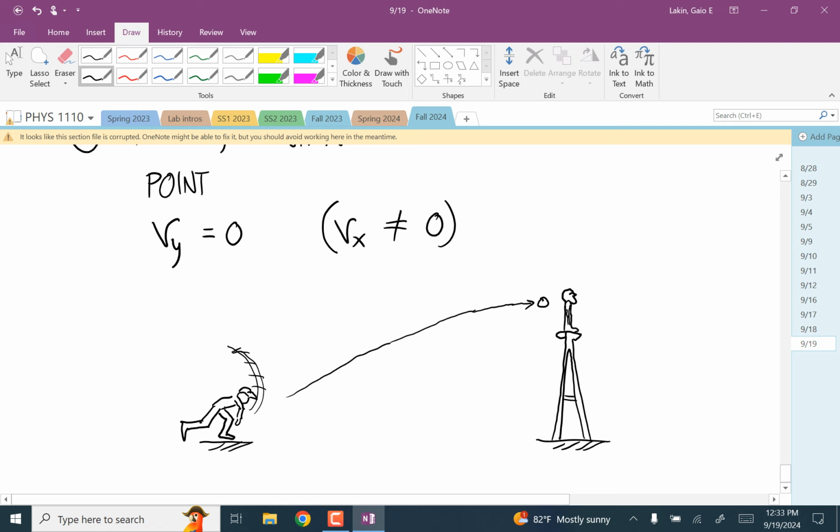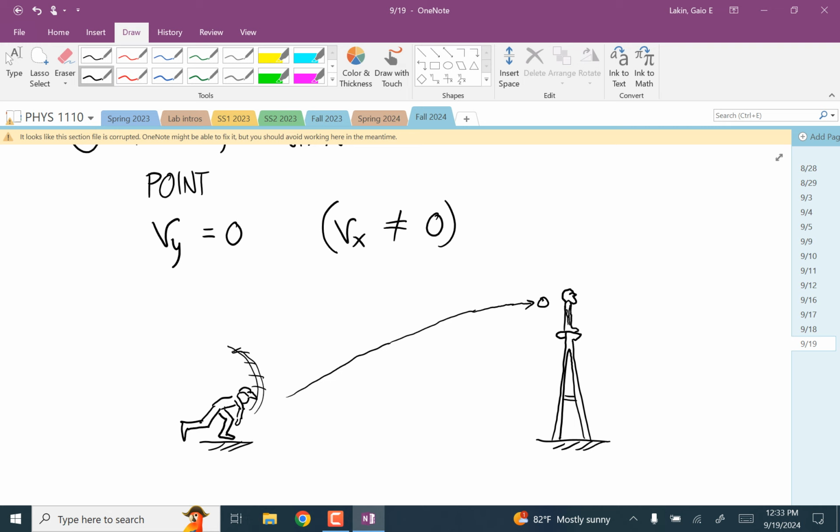Does this look like a very good idea? It's not a good idea, because if this person throws this ball at 100 miles an hour, when that ball hits your head, it's not going to be moving up or down at all. The y component is going to be 0, but it's still going to be going 90 some miles an hour horizontally.